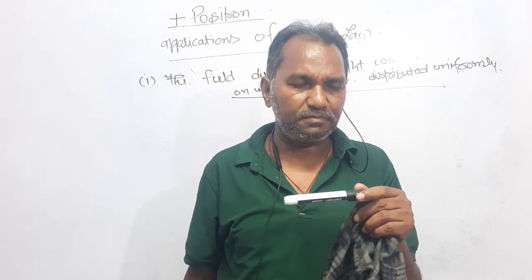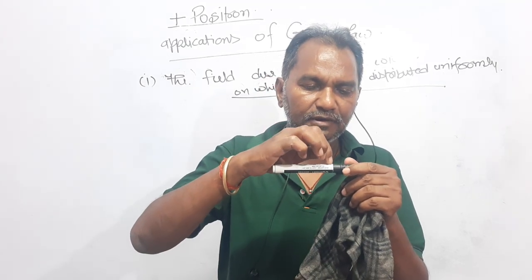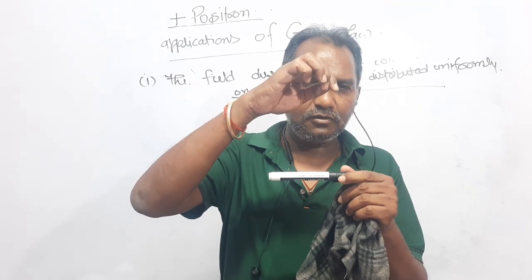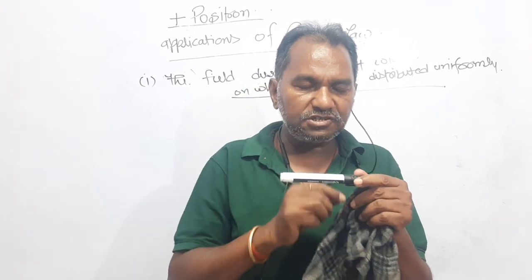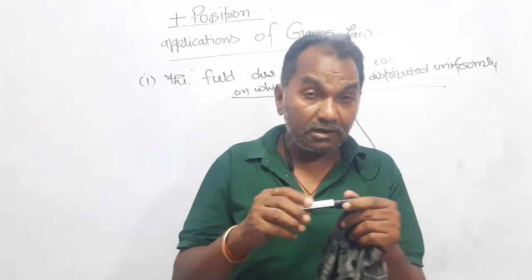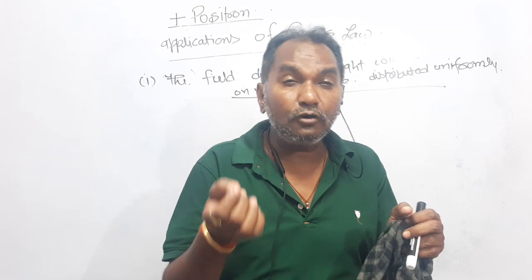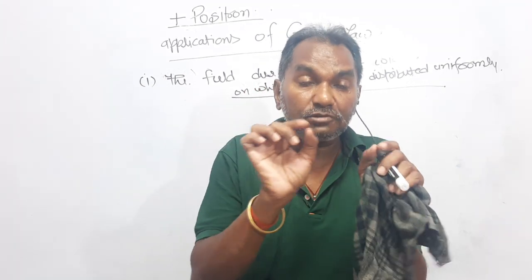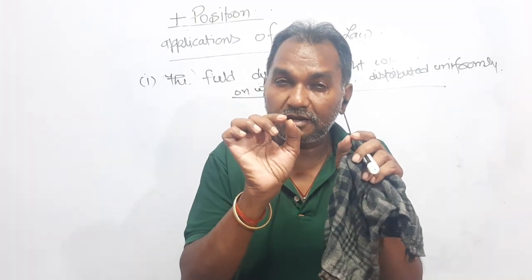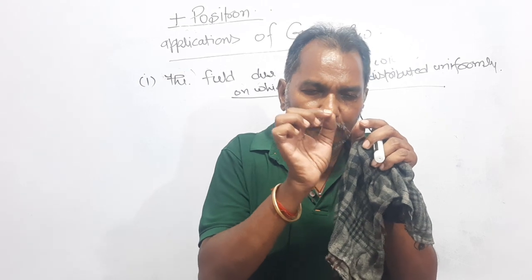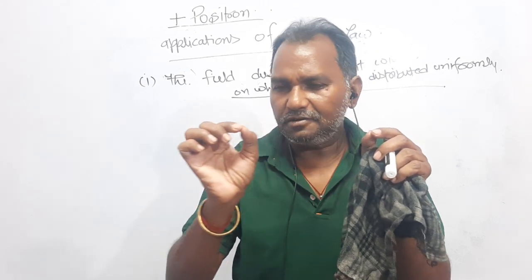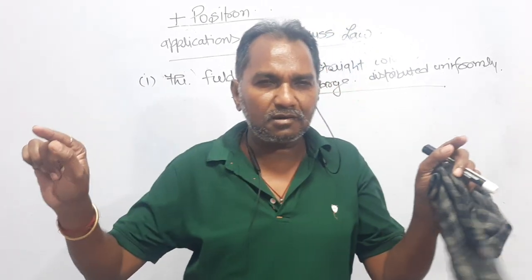If it is a positive charge, you know the electric field lines begin from this charge and will be distributed on all sides. And because it is a thin wire, how can the charge be distributed on the thin wire? Actually, positive charges are put side by side on this thin wire, right?